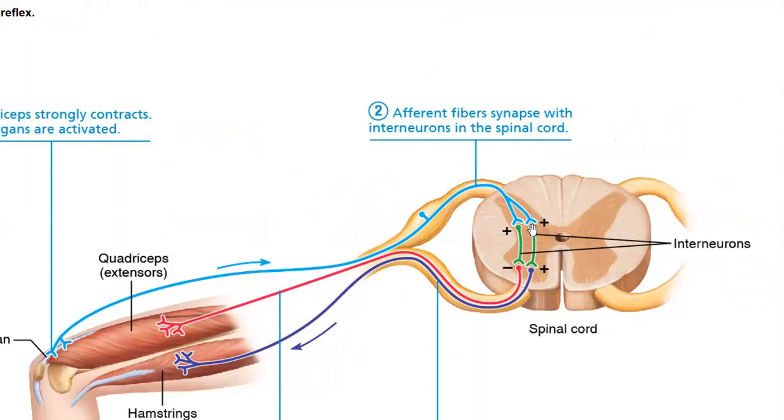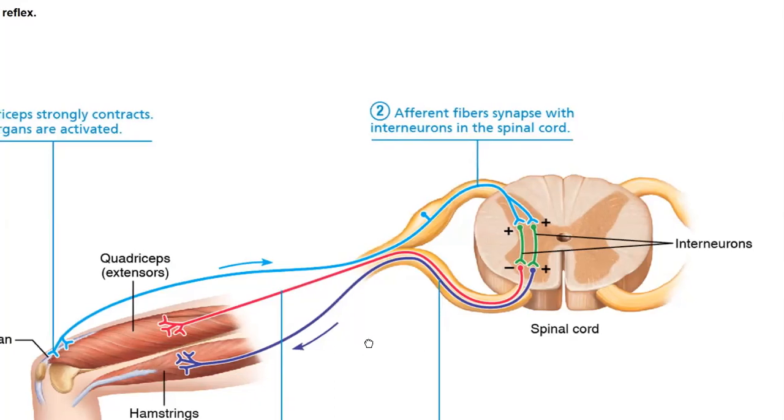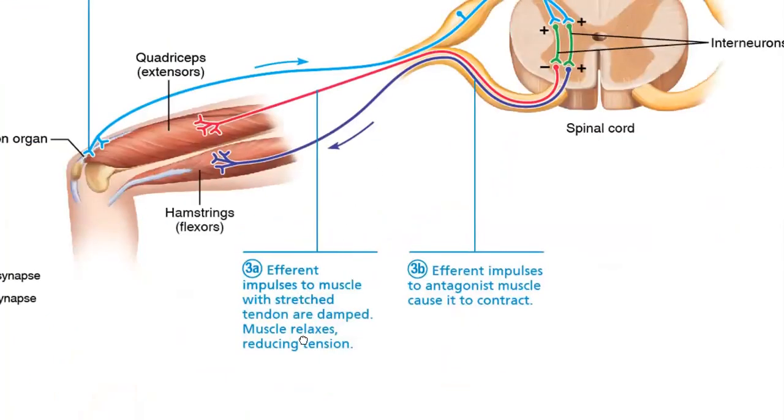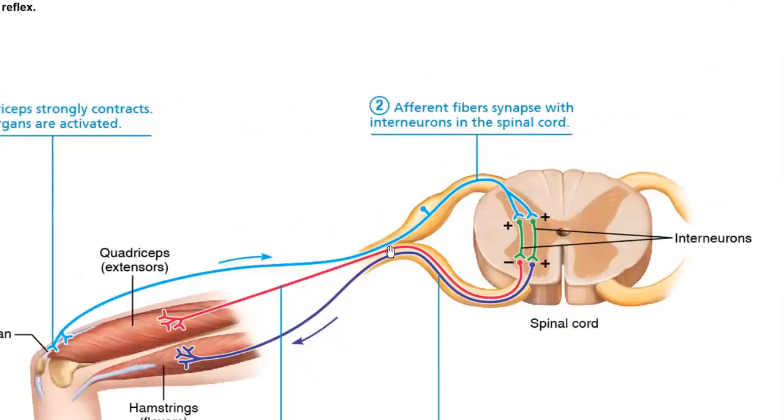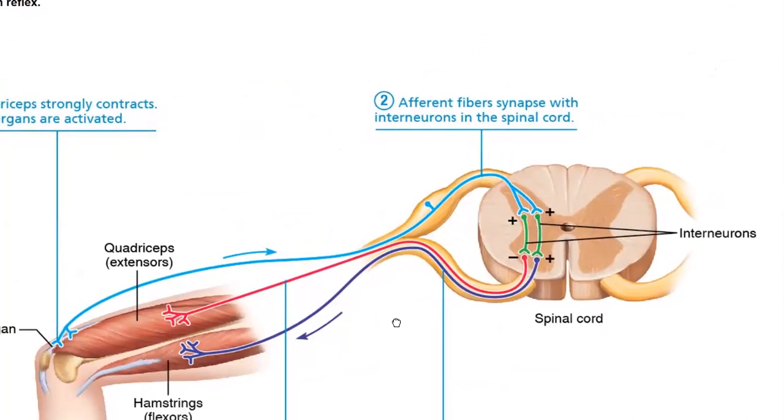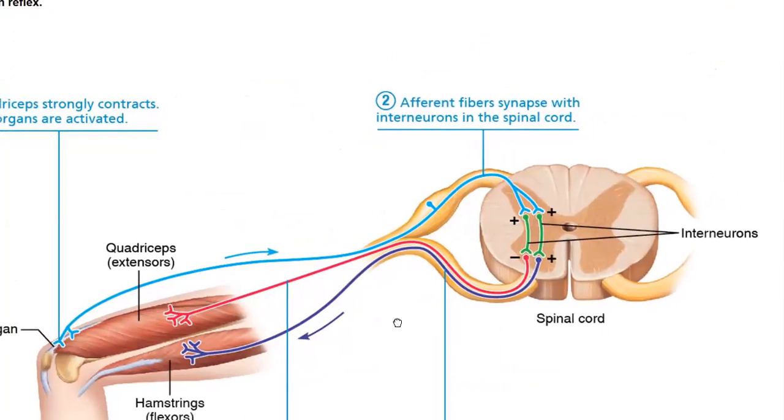Well, it's going to be moving toward the CNS, from the PNS to the CNS, and in this case, it's a muscle moving towards the spinal cord. Afferent fibers synapse with interneurons in the spinal cord. Got it. Okay, we have our afferent, PNS to CNS. Keep this in mind. Could be a lab exam question. Afferent, PNS to CNS.